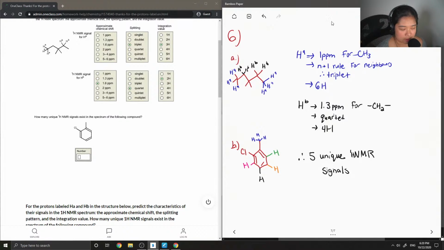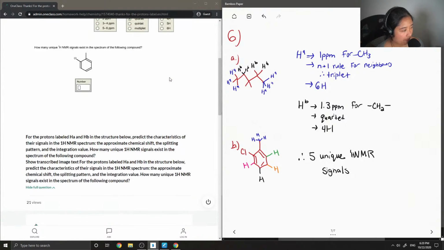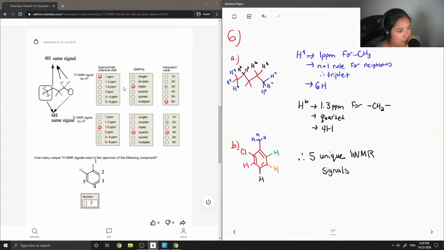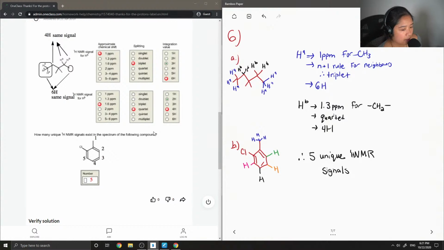Okay, so let's see the answer from our junior tutor. They also noted that the hydrogens here would have the same signals as HA and HB. They have 1 ppm for HA, split as a triplet, 6H. 1.6 ppm, quartet, 4H. Maybe they just looked at a different table. I'll just make a note of that.